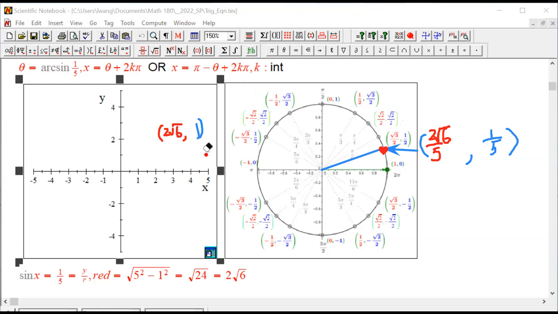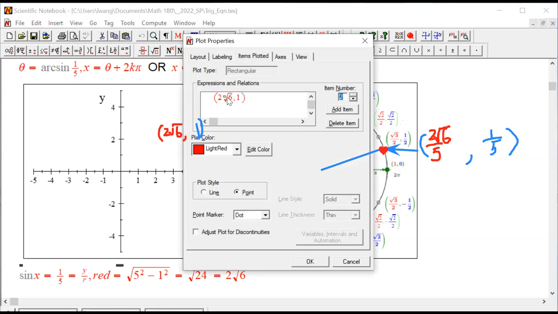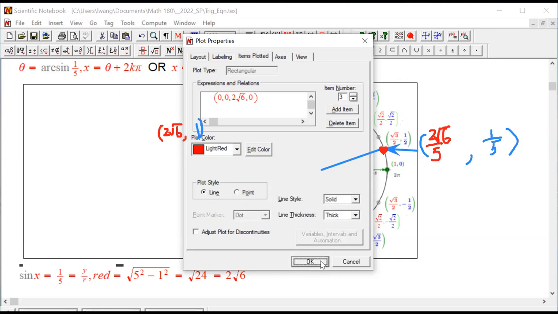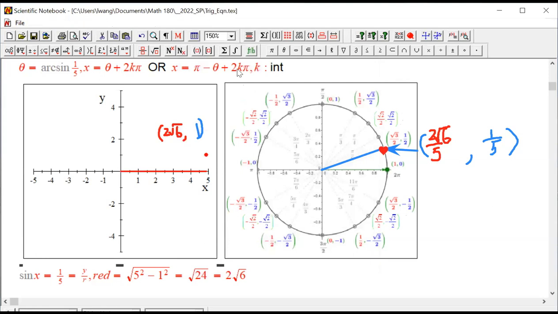So this red dot is 2 times √6, 1. If I draw even better, I would draw the blue. Let's draw the red first. The red, and the blue.